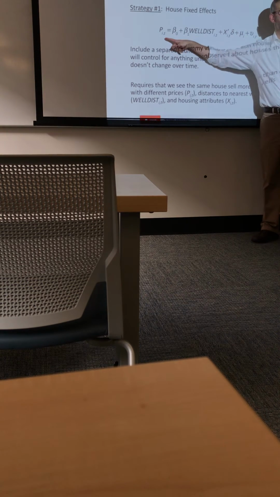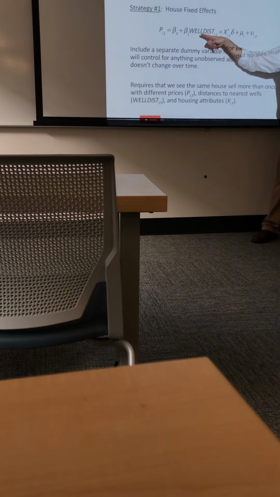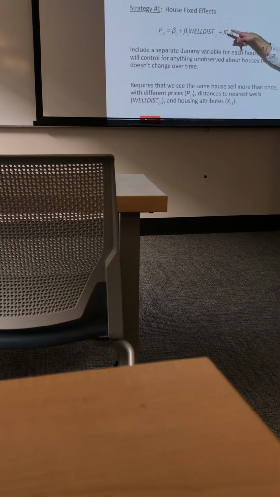Yeah. So the dummy variable is 0 or 1, but it's like a variable that has a coefficient on it for every house. So essentially what I'm saying is like, you know, you can take my house in Chapel Hill and I might see it sell twice. We bought it in 2004, and if I sell it again in 5 years, you'll see two prices on it, and everything about that house that's the same over time is going to get summed up in like one variable.